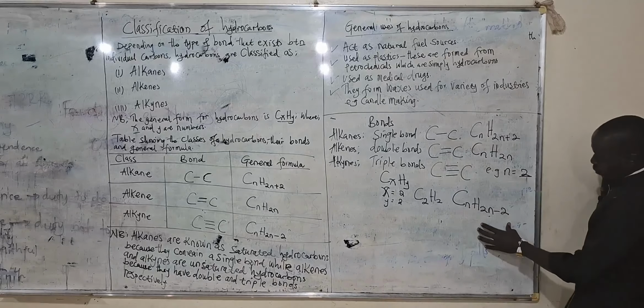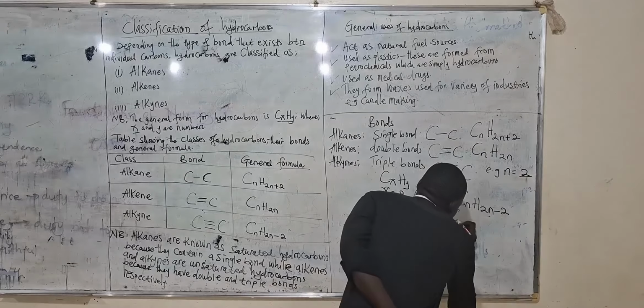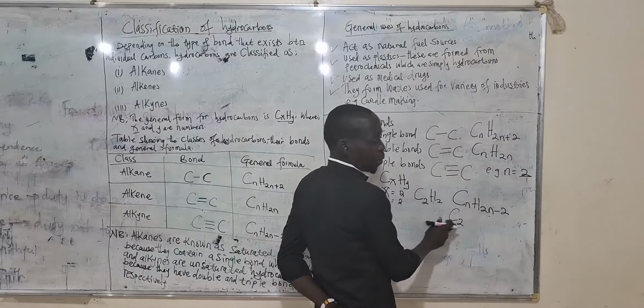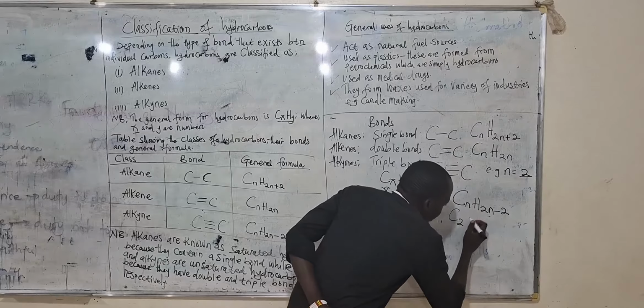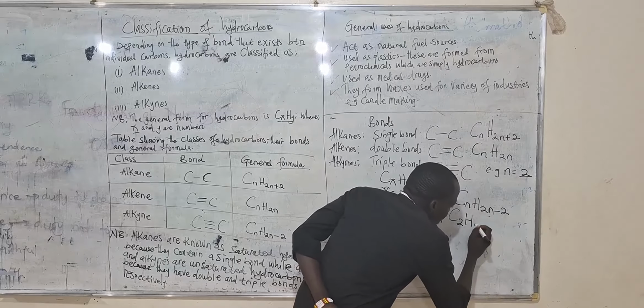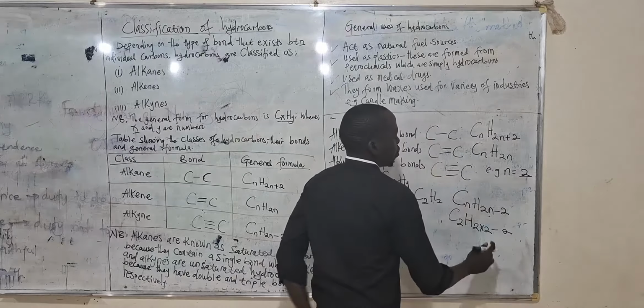So since I'm given n to be 2, we shall say C times 2, of course, you get C2, then we shall have hydrogen, then 2 times 2, then minus what? Minus 2.